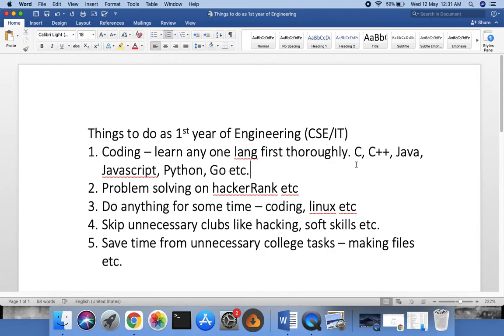In your college syllabus, they will teach you multiple languages, but that is not an issue. If you are doing any projects on your own, or if you are solving any problems on any of the coding websites, or if you are doing anything on your own, you should always stick to one language.